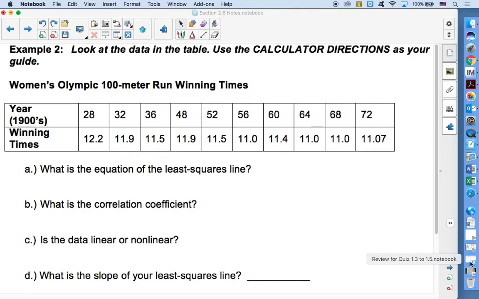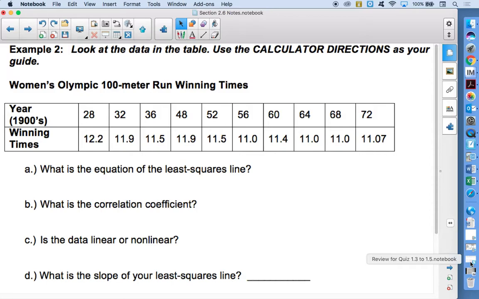On page 21, we have data for the women's Olympic 100-meter run winning time. So these are the women that would have won gold in the Olympics for the 100-meter run. It gives us the initial year of 1928, but this is data going every 4 years, so 1928 to 1972.